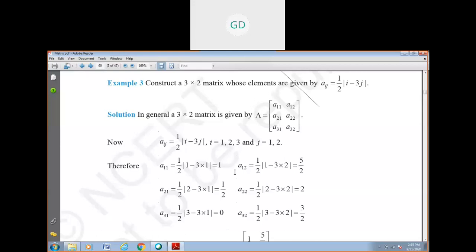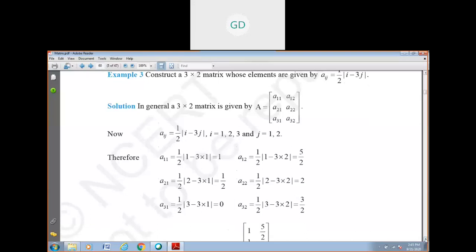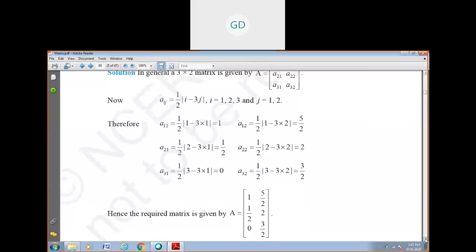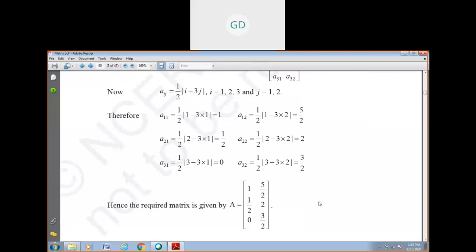So A11, A12, A21, A22, A31 and A32, all these 6 elements we have got with the help of that rule. So this is the required matrix: A11, A12, A21, A22, A31, A32. All these values we have written from this rule.